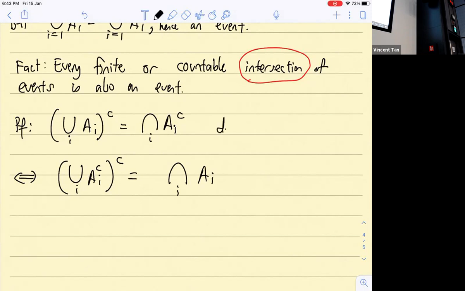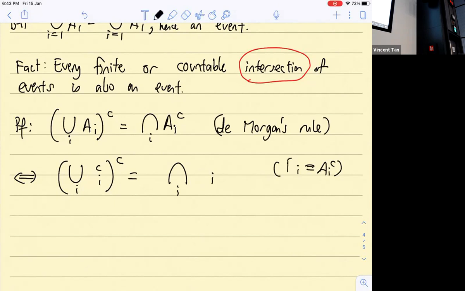So this is called De Morgan's rule. And here we replace Ai by Ai complement. You can replace them by Bi, it's fine. Maybe it's easier to say Bi.